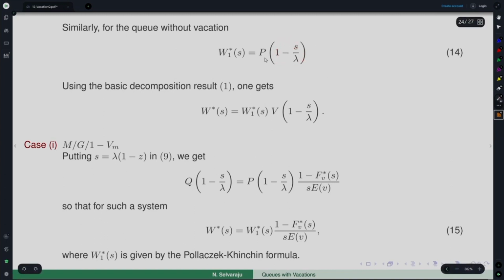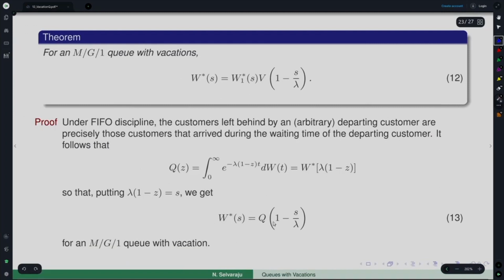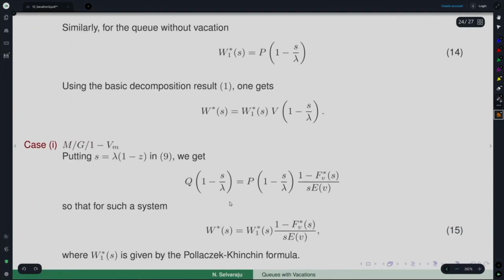Now, the basic decomposition result, which is the product of these two, will give you this expression. W star is Q, W1 star is P. So Q of Z is equal to P of Z times V of Z, which is what we have written. That is what gives us this expression.